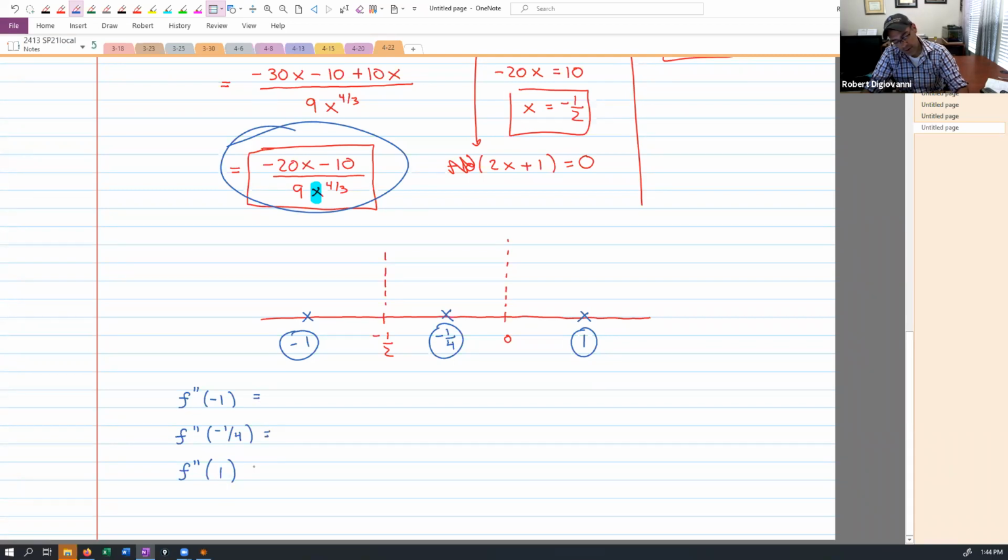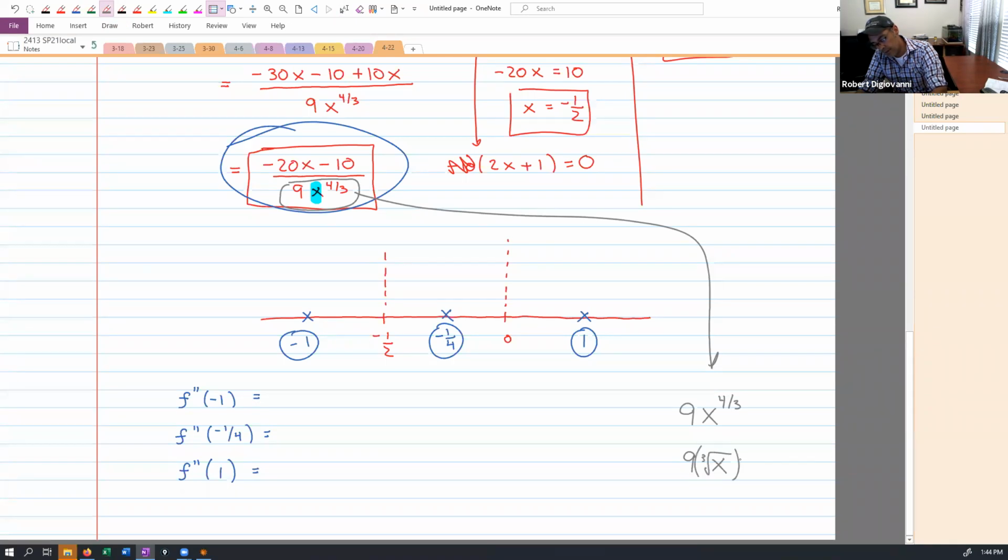And again, all you care about is whether or not you're getting a positive or a negative out. That's all that matters. So we're going to plug -1 in. Well, before I do it, I want everyone to look at the denominator real quick. 9x to the 4/3. I want to make sure everyone understands that that means X to the 4/3 means you're taking the cube root of x and then raising it to the 4th power.